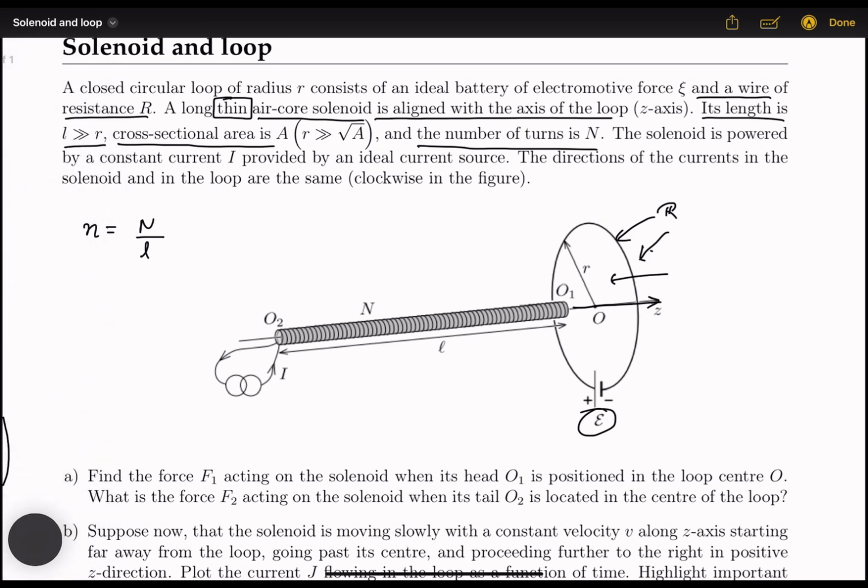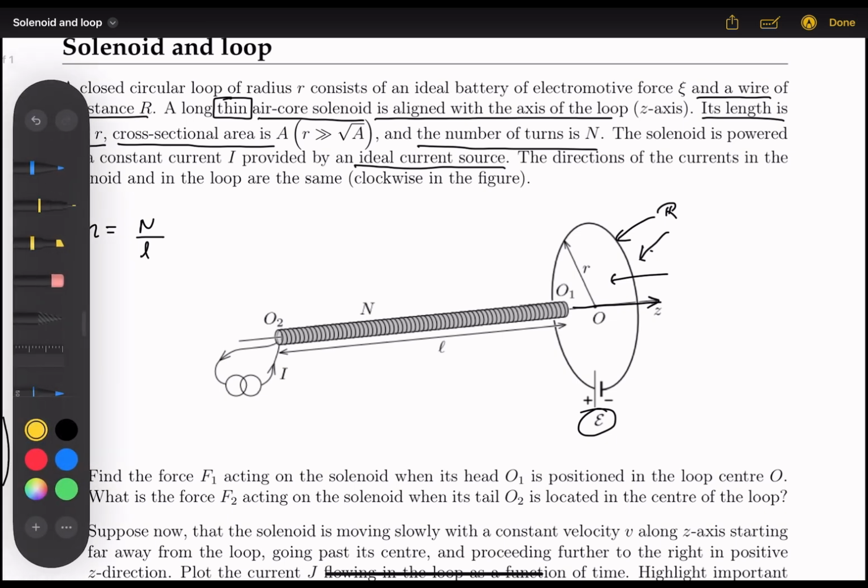The solenoid is powered by a constant current I, and we're doing this externally by an ideal current source. The directions of the currents in the solenoid and in the loop are the same, which for convenience we're going to be assuming clockwise, like that. Okay, and even in the loop it's clockwise.